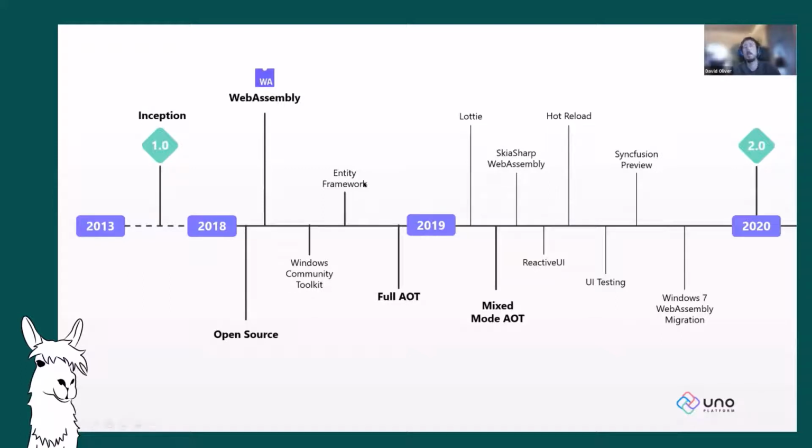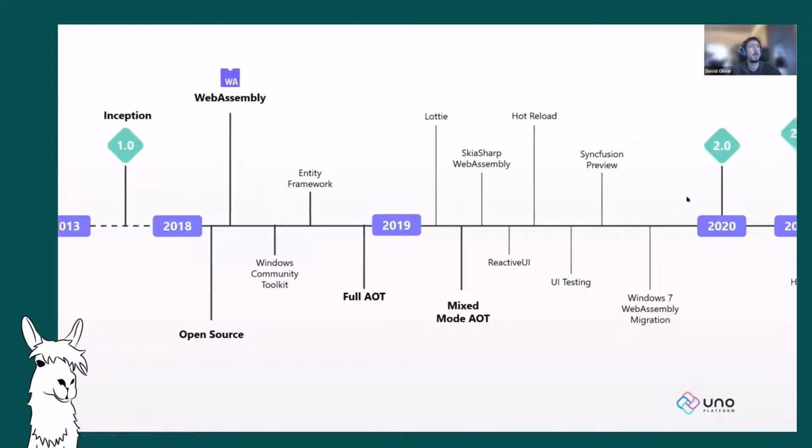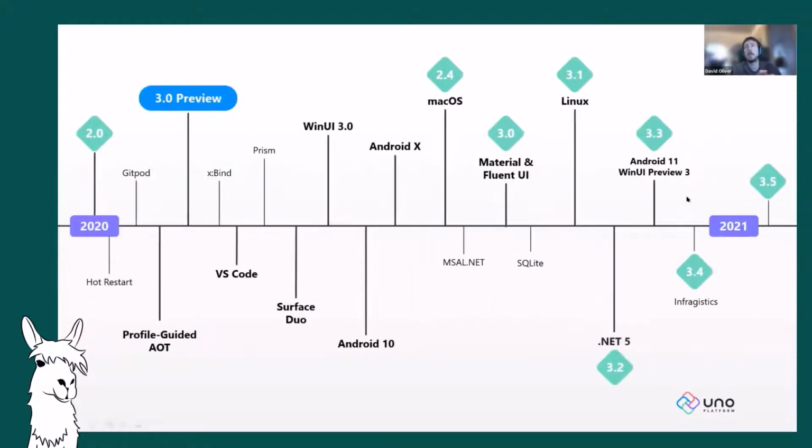There have been a lot of developments since it's been open sourced. A lot of movement in 2020. In particular, we added support for 2 new platforms, macOS and Linux. We've been steadily improving the WebAssembly support.